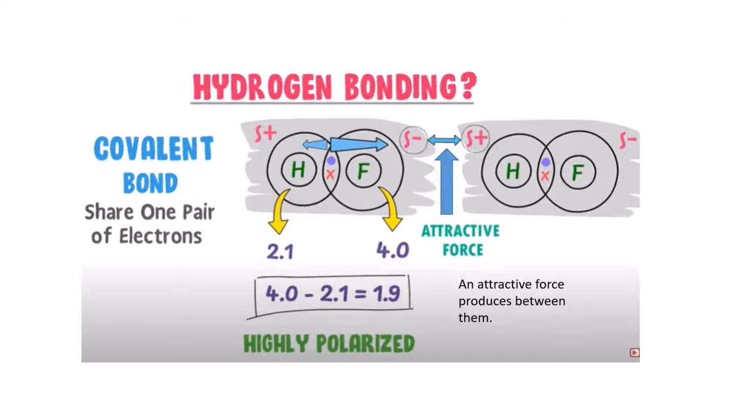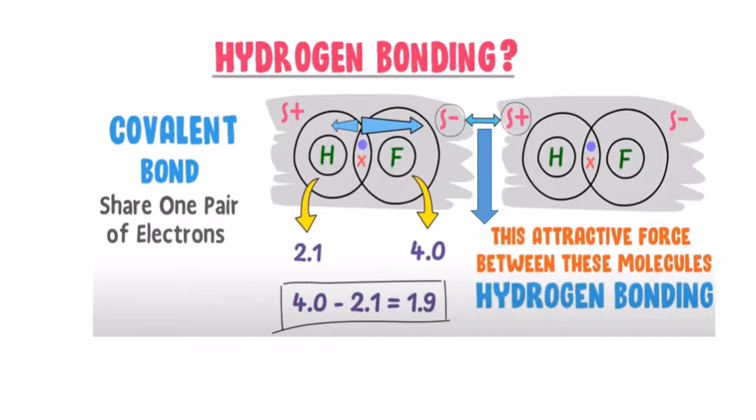This attraction between two highly polarized molecules creates what we call a hydrogen bond. This is the attractive force between these two molecules. And this attraction between two polarized molecules creates what we call hydrogen bond.